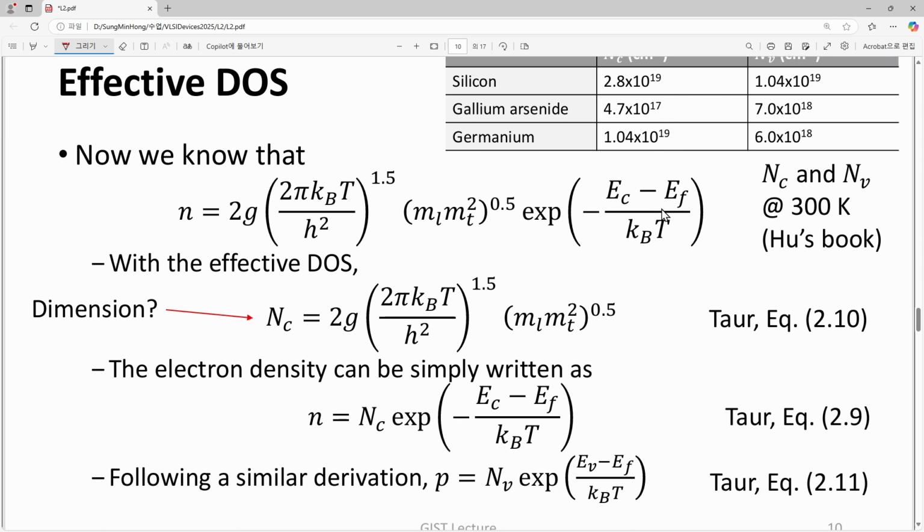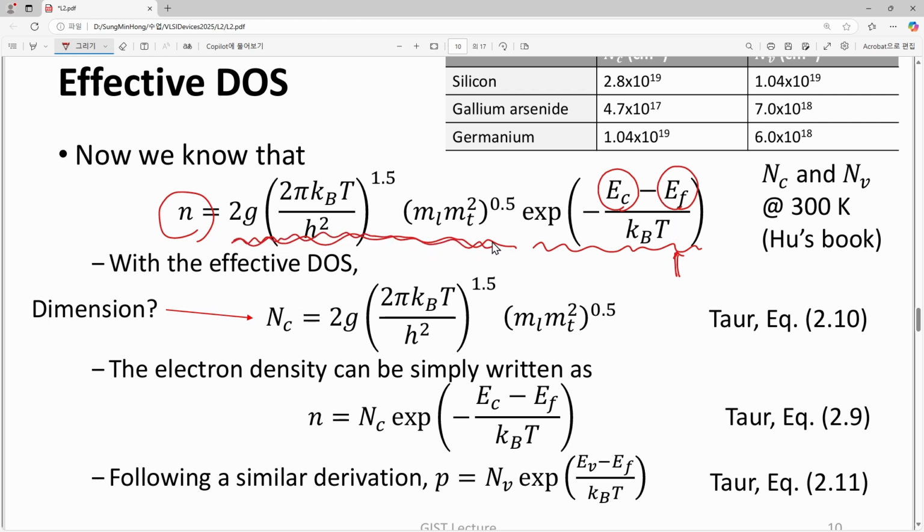So now we know that electron density is simply given as a certain number and an energy dependent form. Energy here means the conduction band minimum energy and the Fermi level.